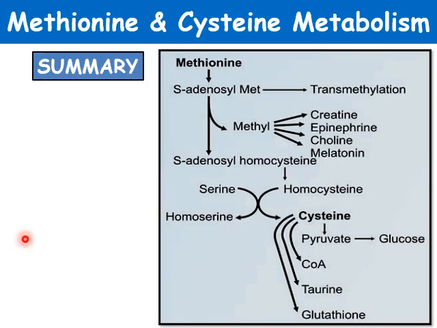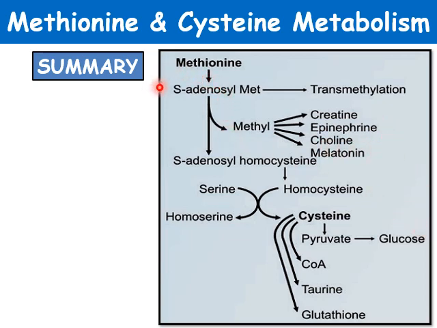Now here is a summarization of methionine and cysteine metabolism. Methionine is activated into S-adenosyl methionine that helps in the transmethylation reaction. By donating the methyl group, it helps in the synthesis of various important compounds like creatine, epinephrine, choline, melatonin, and so on.